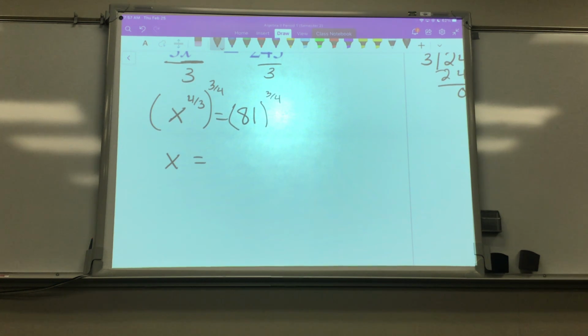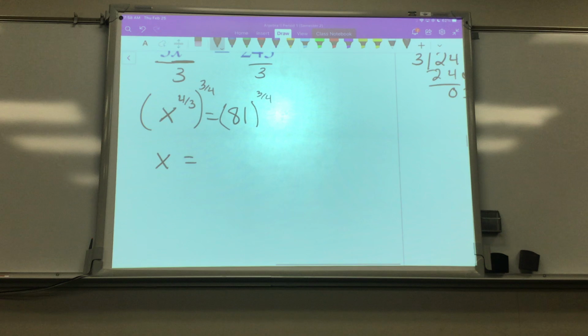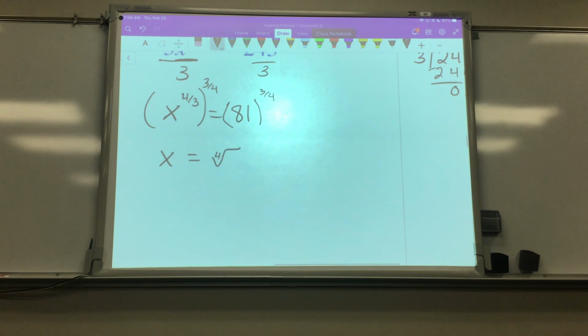Now, this is one where it's probably going to be easier to write it in radical form on that side, right? What is 81 to the 3/4 power saying? Fourth root of 81. And I always like to do the parentheses, right? Because if we can simplify the fourth root of 81 to a whole number, then we're going to take that whole number and cube it.